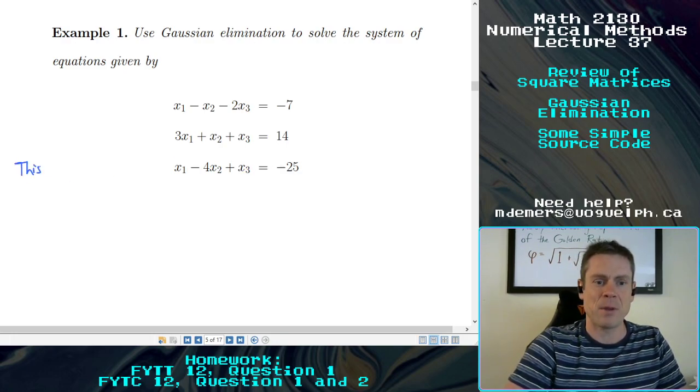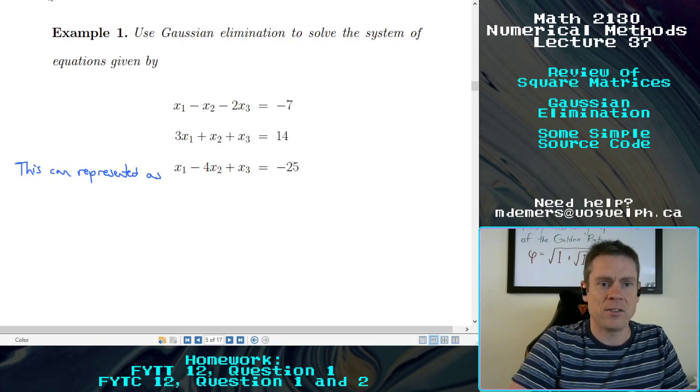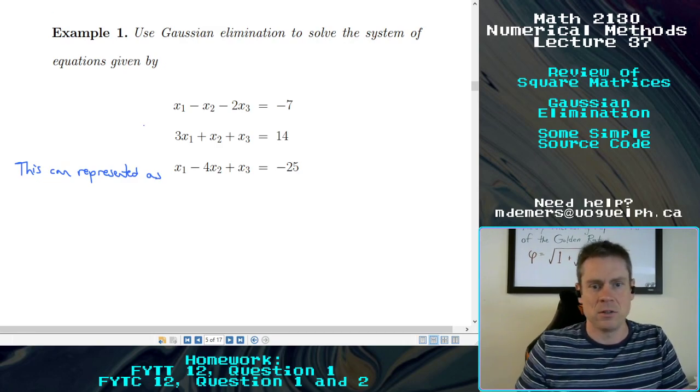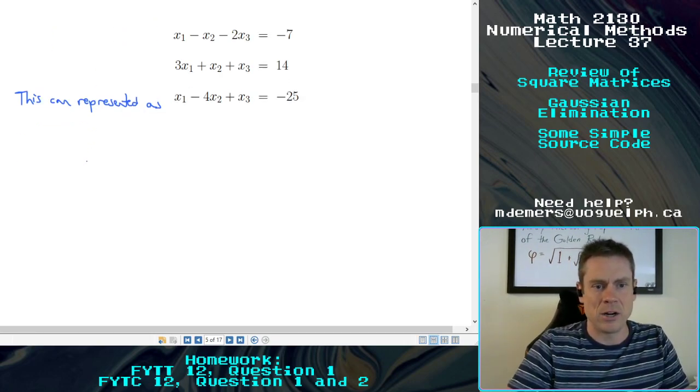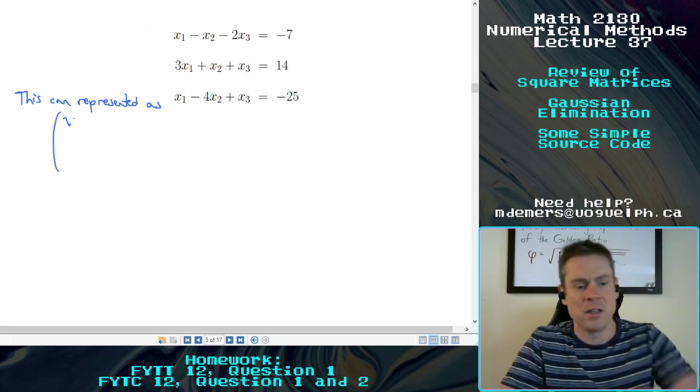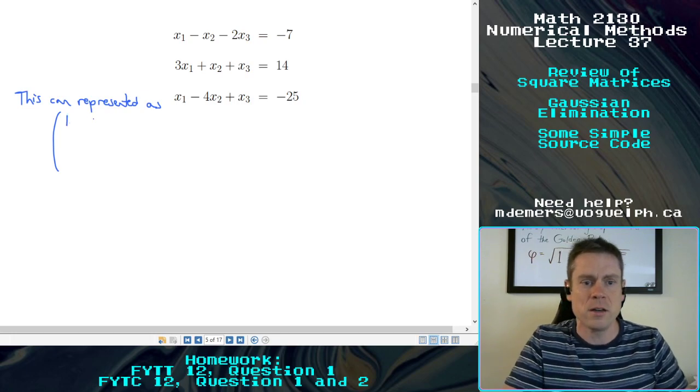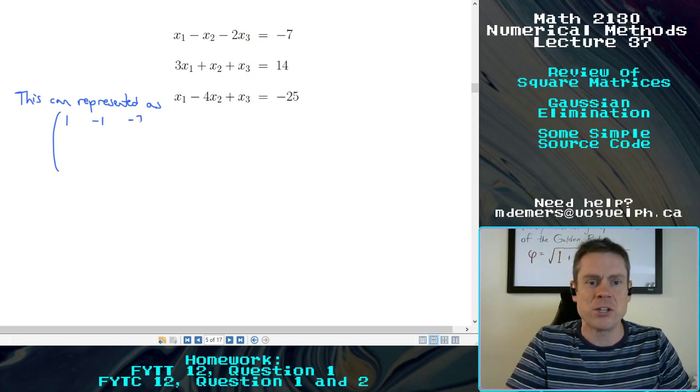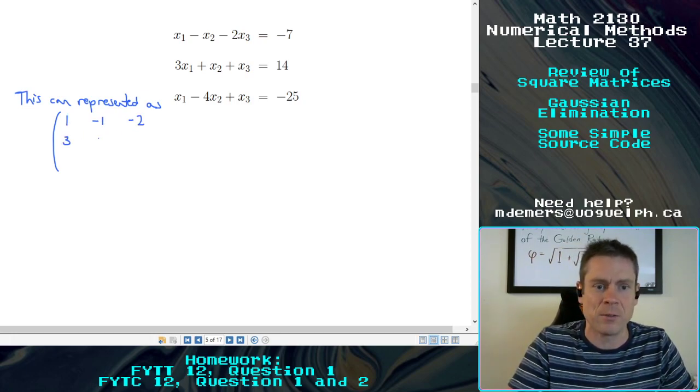So this can be represented as, and I will write this pretty carefully to start with, just to remind you how this works. I'm taking the coefficients from all of these terms: 1, minus 1, minus 2, 3, 1, 1, 1, minus 4, 1.